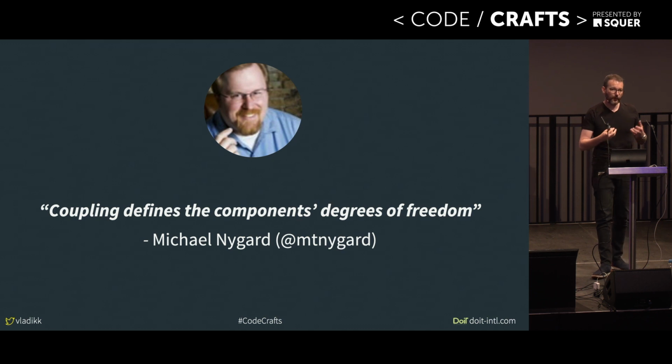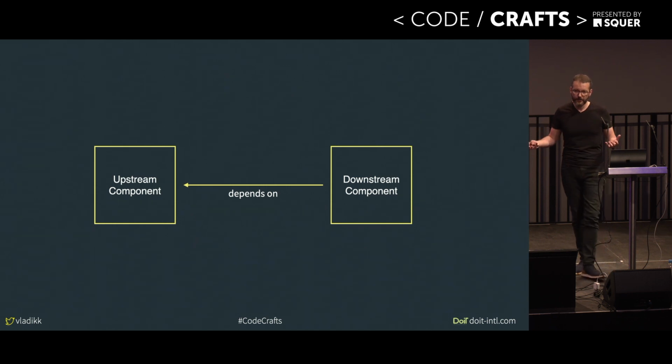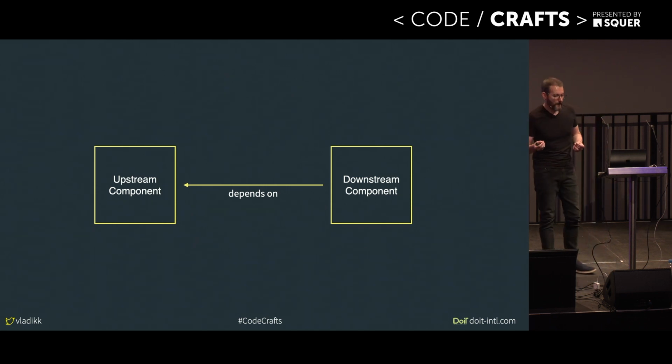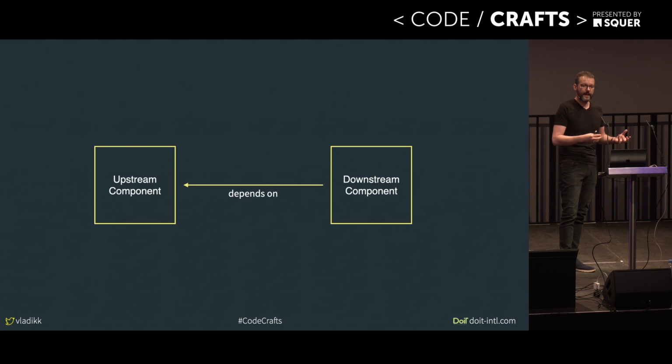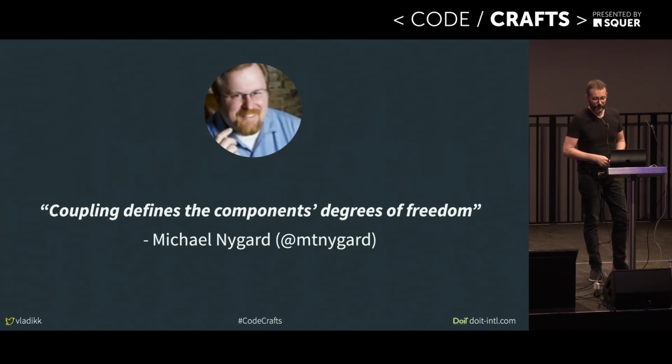Now, the way the components are connected, the way they're exchanging information, as Michael Nygard says, defines the components' degrees of freedom: how freely these components can change, or how we can connect them without being afraid to break something in other parts of the system.